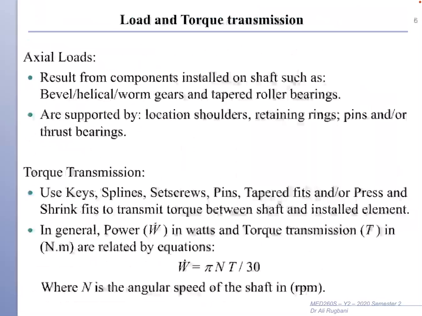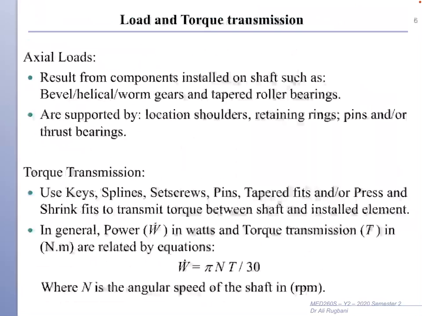Okay, so shafts are used to transmit and support two things: load and torque. Load, usually axial load or bending. In axial load, the shaft will receive some forces from components installed on the shaft itself. So if you have a bevel gear or any other type of gears, usually these gears will transmit axial and bending forces.